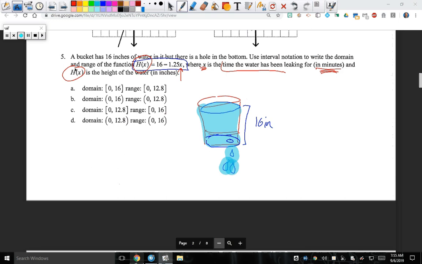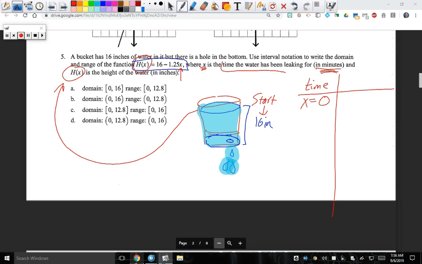So we can say by intuition that h of x, being the height, is going to start at 16 inches. That means at 0 time, so let's say when x, which is time, is equal to 0, the height is going to be at its maximum, which is 16 inches. And that's like saying h of 0 is equal to 16 inches.